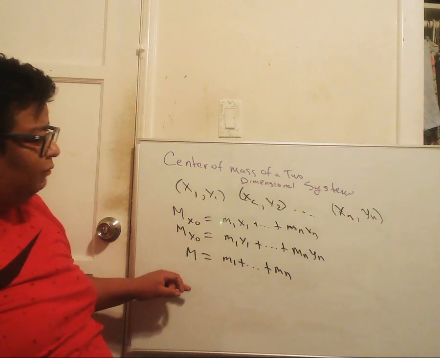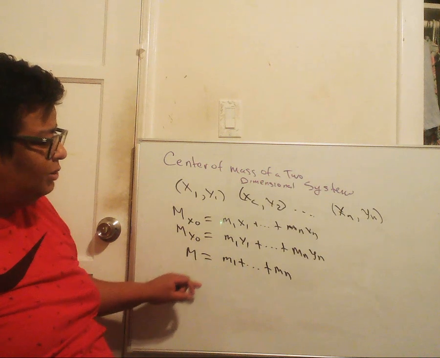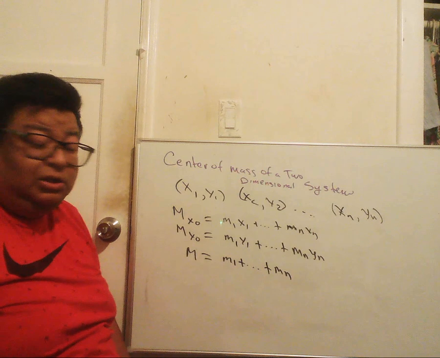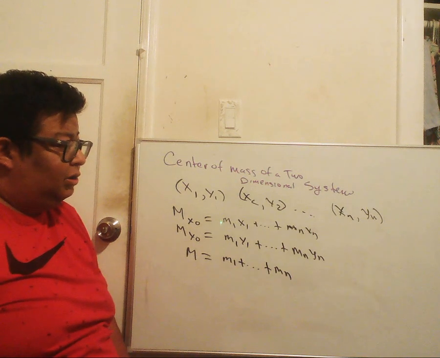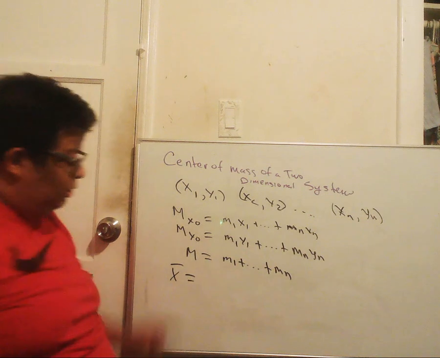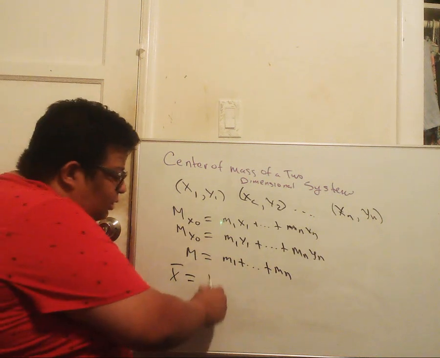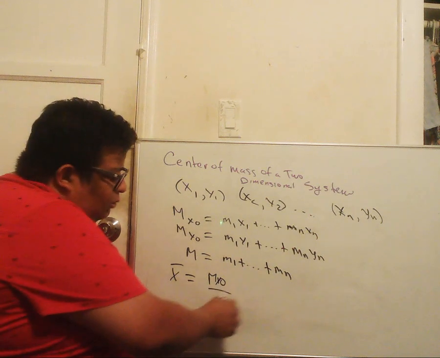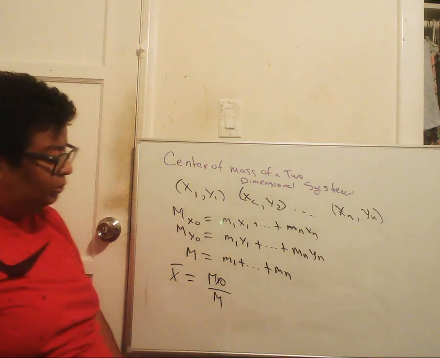And now, how do you define the center of mass of a two-dimensional system? You define it based on the coordinates. So for example, the x coordinate, just like before, is going to be equal to the moment, in this case Mx0, over the total mass.